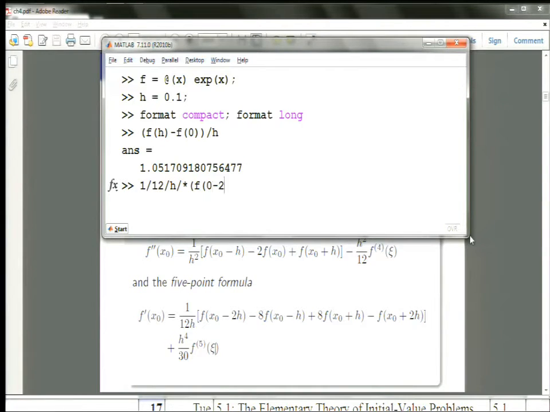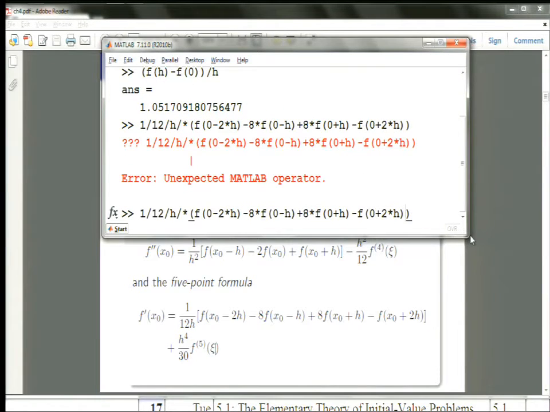Well, it will do this, right? I'm just copying the formula at the bottom in MATLAB language. Minus h times 0 plus h minus f of 0 plus 2h. All right, that's it. I messed something up.